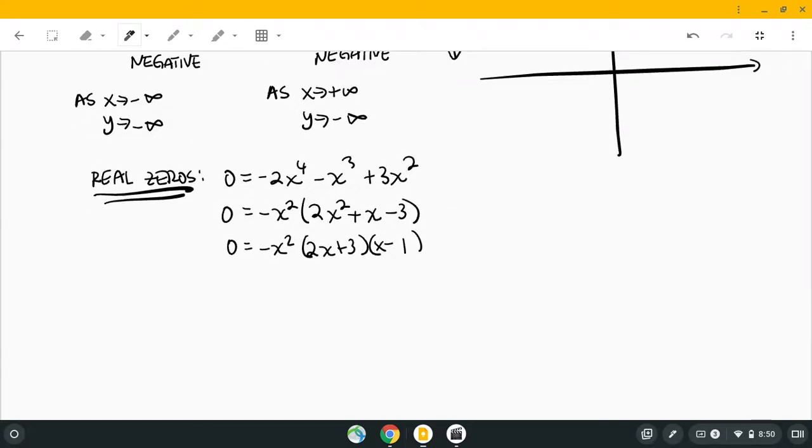Okay, so here I get negative x squared equals 0, 2x plus 3 equals 0, x minus 1 equals 0. So here x equals 0, and this one is a double zero.